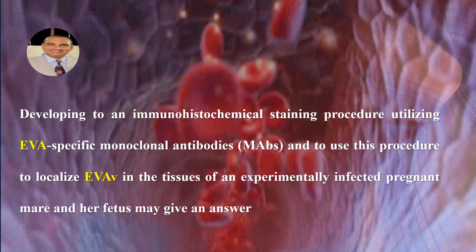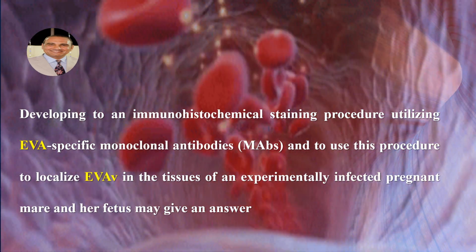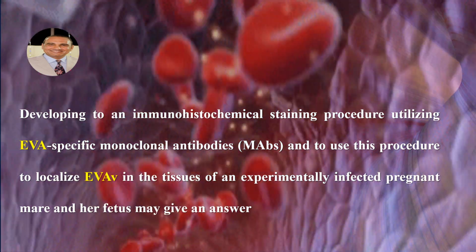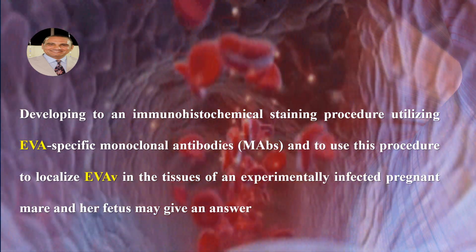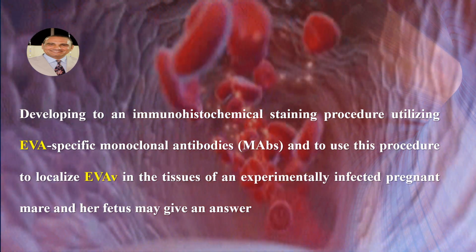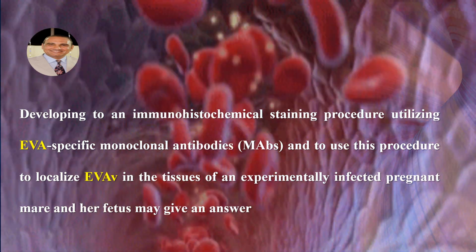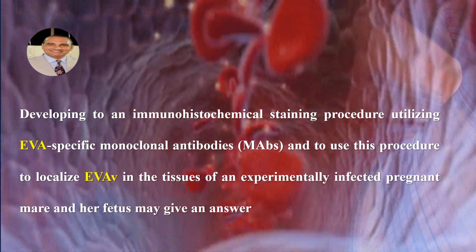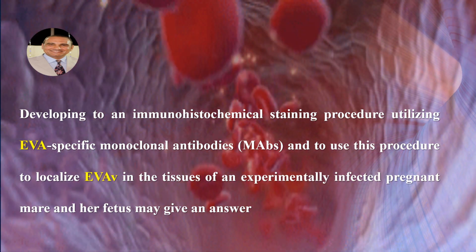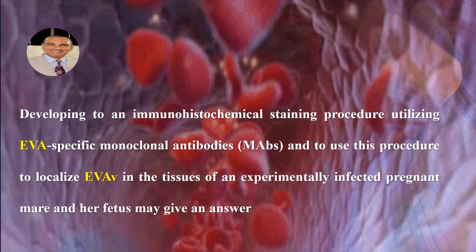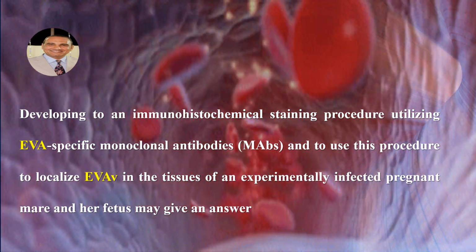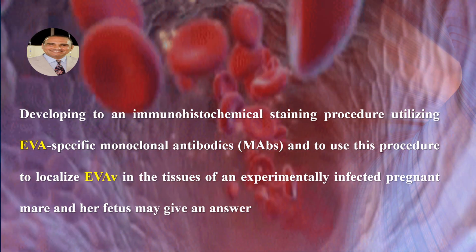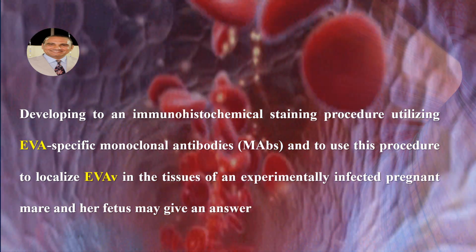Developing an immunohistochemical staining procedure utilizing equine viral arteritis-specific monoclonal antibodies, and using this procedure to localize the virus in the tissues of an experimentally infected pregnant mare and her fetus, may give an answer about the pathogenesis in the genital tract.